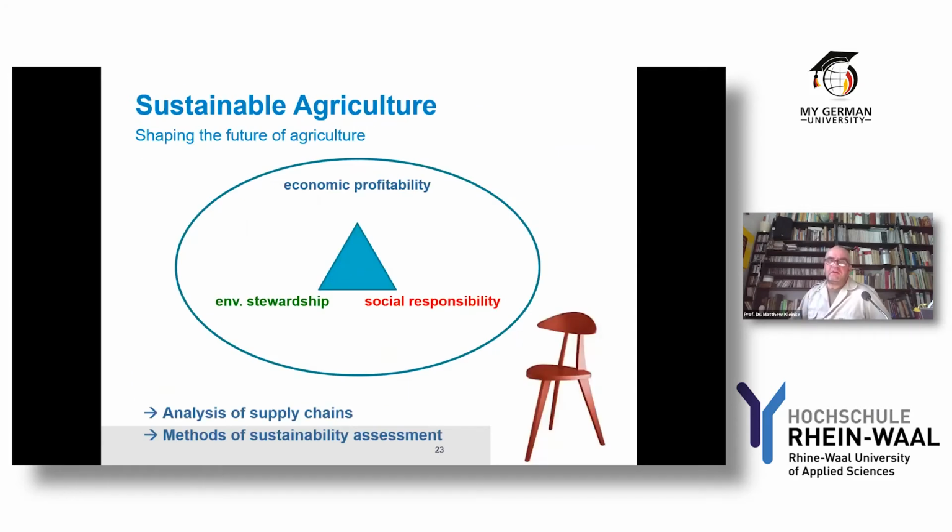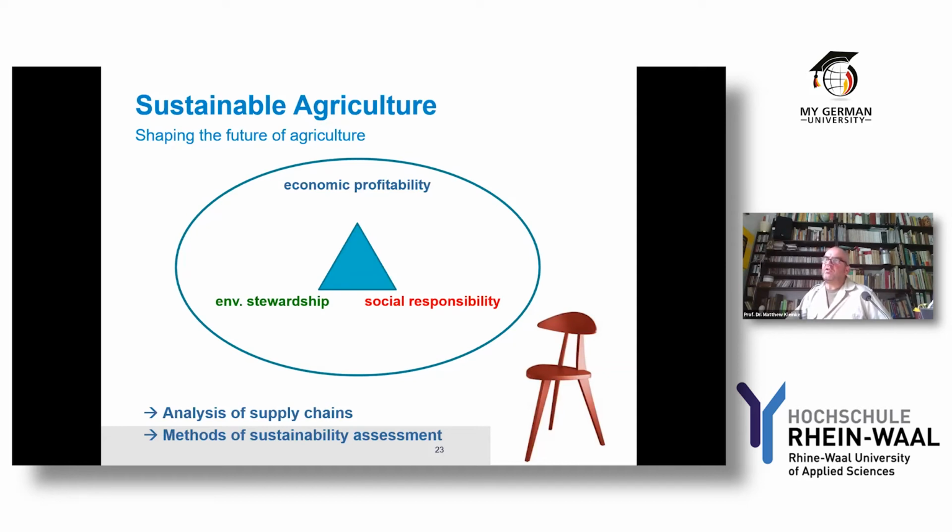Why do we call it sustainable agriculture? Because this is something we are specializing in. Of course, all the different agricultural study courses have one major focus they are dealing with. For us, it is sustainability and also the sustainability assessment.